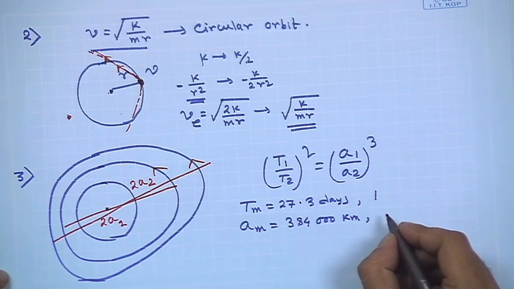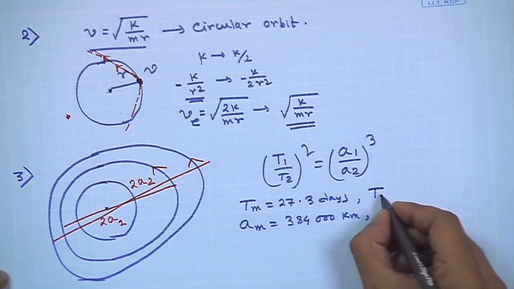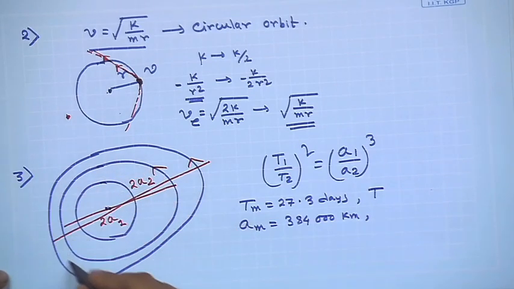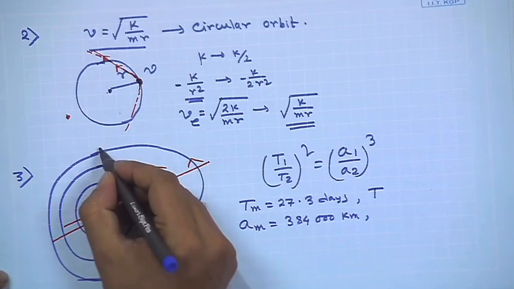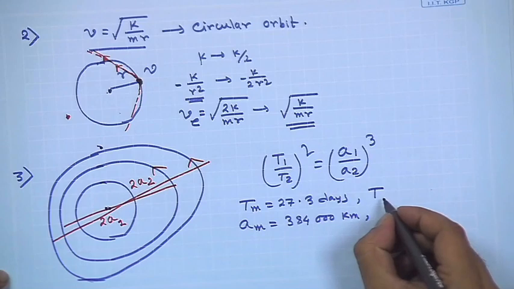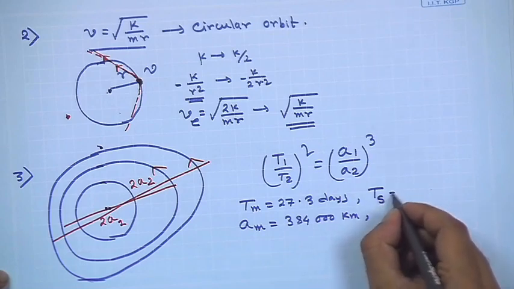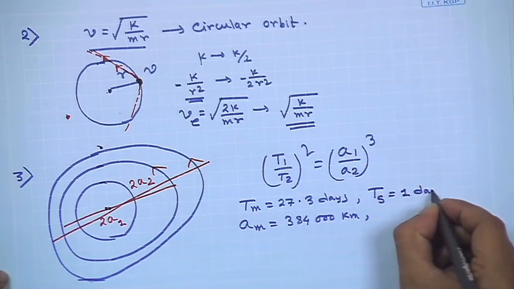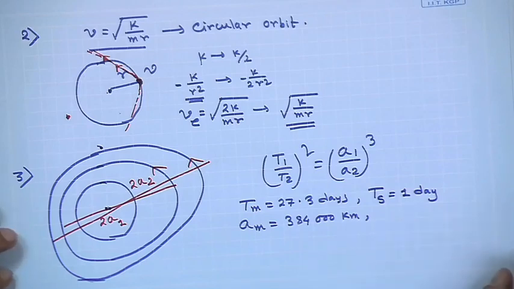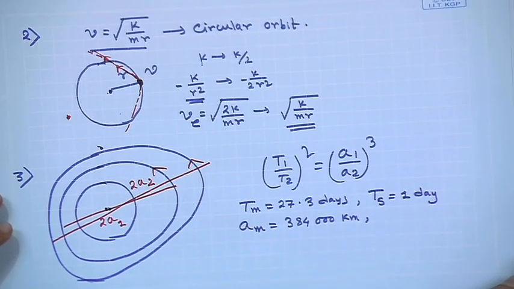For the geostationary orbit, we know that it is an orbit which stays over a single position on Earth and revolves along with the Earth. So, for a geostationary orbit, T satellite will be 1 day. If you are not familiar with the term geostationary, I would suggest that you kindly look it up. You must have heard of the Indian INSAT satellite.